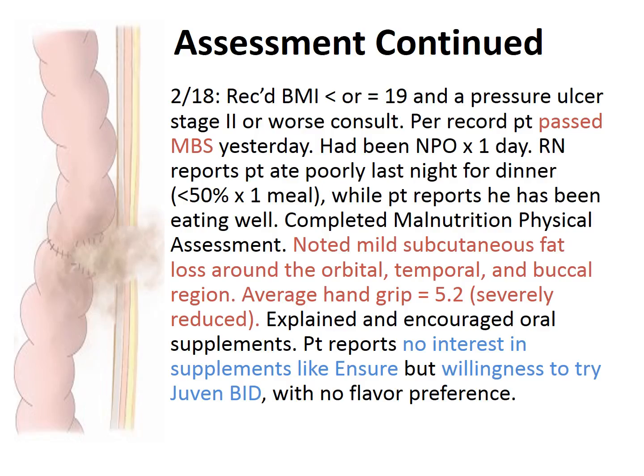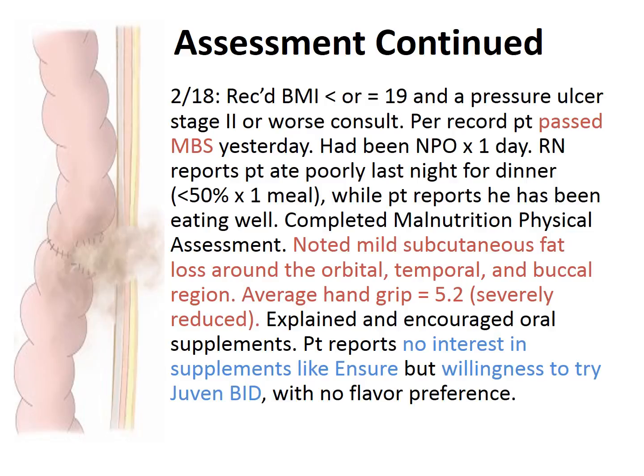Along with all of the information which was previously noted, this blurb was included in the dietitian's assessment. So it simply is reiterating that the patient was consulted to the dietitian based on his low BMI and a pressure ulcer, which turned out to be the enterocutaneous fistula.